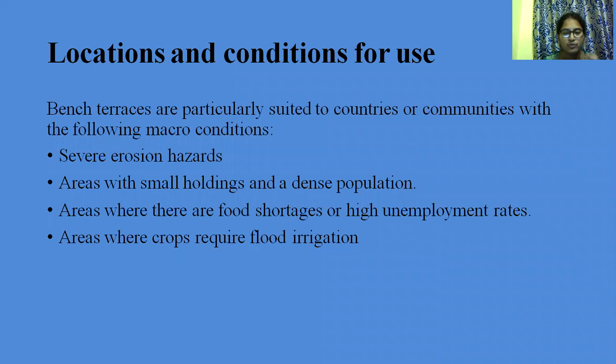Bench terraces are practically used in countries or communities with the following macro conditions: small holdings and dense population, areas where there is food shortage or high unemployment rates, and areas where crops require flood irrigation. In those areas we can use this method.